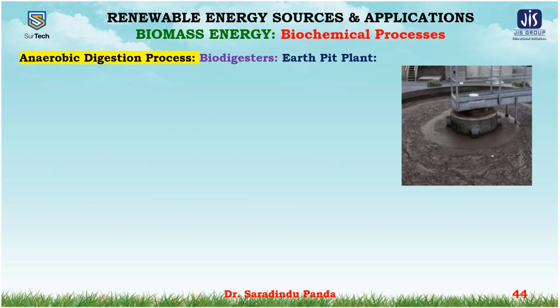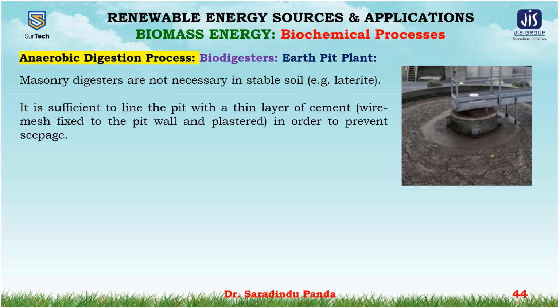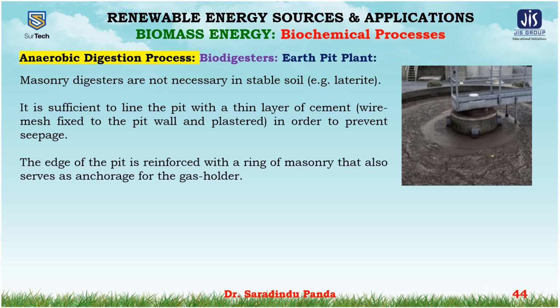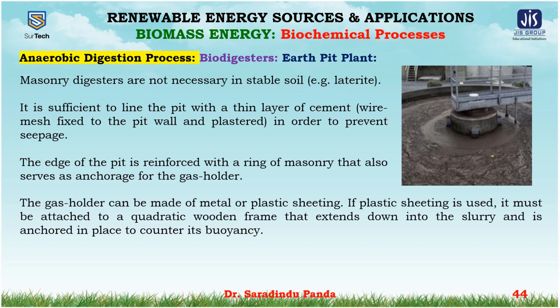Now the fifth one is the earth pit plant. Masonry digesters are not necessary in stable soil. It is sufficient to line the pit with a thin layer of cement in order to prevent seepage. The edge of the pit is reinforced with a ring of masonry that also serves as anchorage of the gas holder.